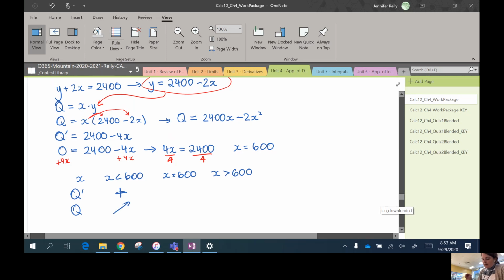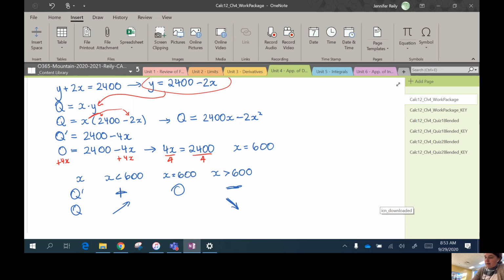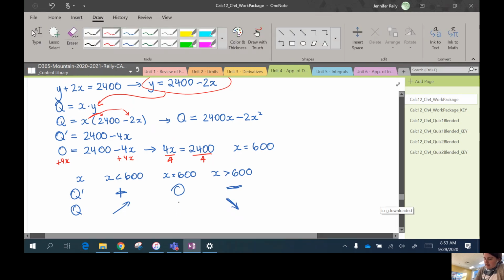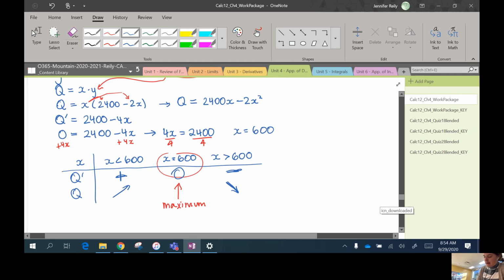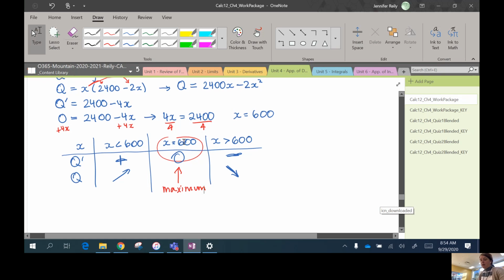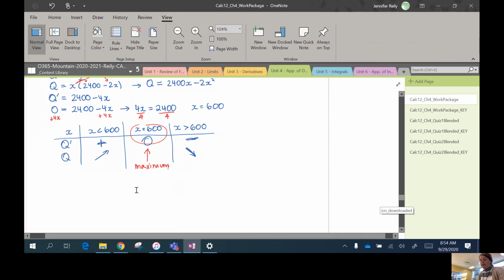I'll draw an arrow going up to denote increasing. We know that our q prime is 0 here, and if you plug in something greater than 600, you'll get a negative number. So we're decreasing here. So that means, according to the first derivative test, that this must be a maximum. Okay, just going to make my table a little nicer by adding in a little grid, just so that it looks better.